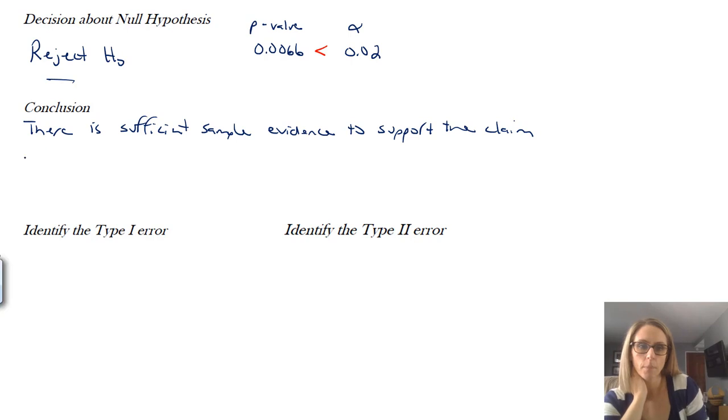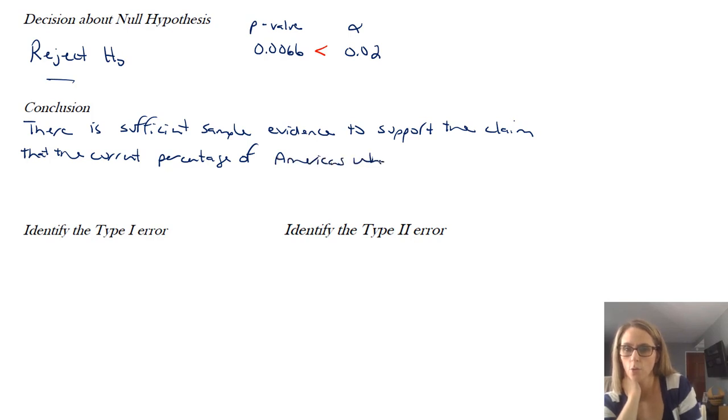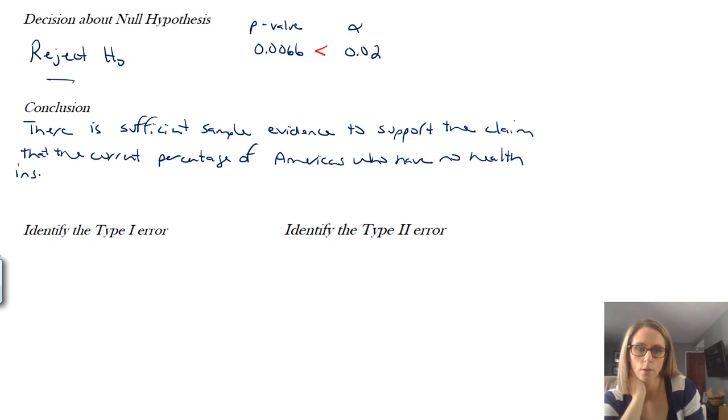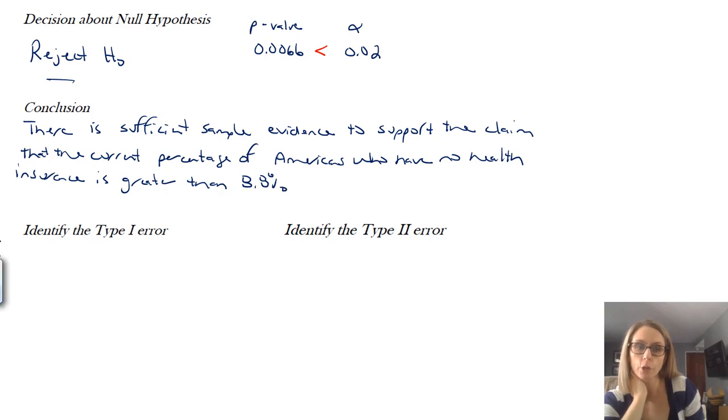So the claim is that the current percentage of Americans who have no health insurance is greater than 8.8%. So this would be our conclusion.